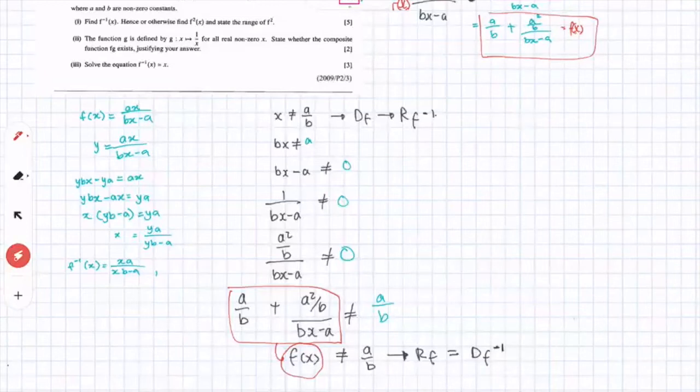No, you must flip it. That means range of F is domain of F inverse. You exchange. My domain is your range, your domain is my range. So range and domain are inverses of each other.